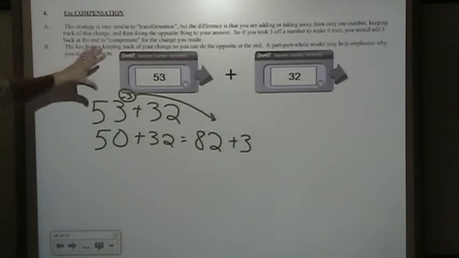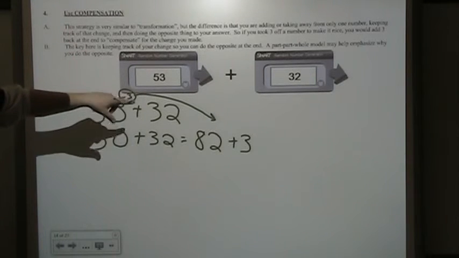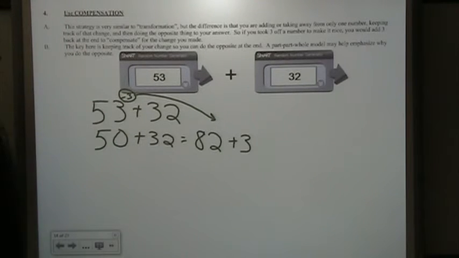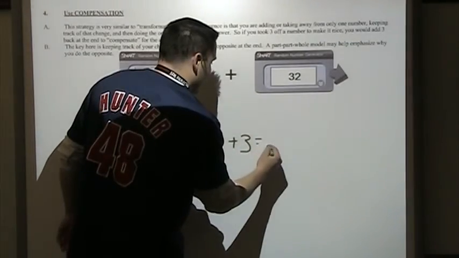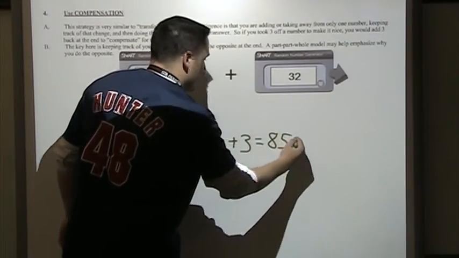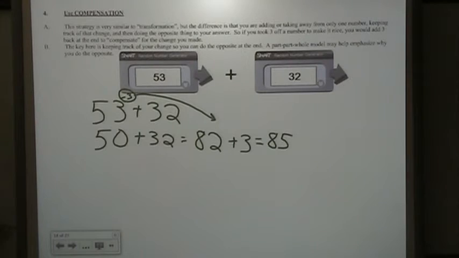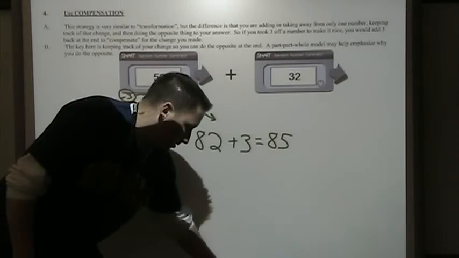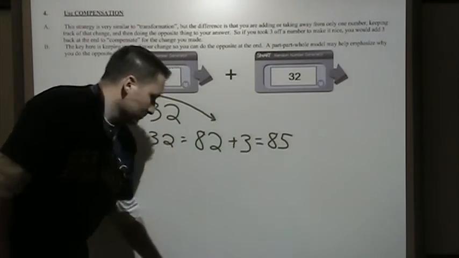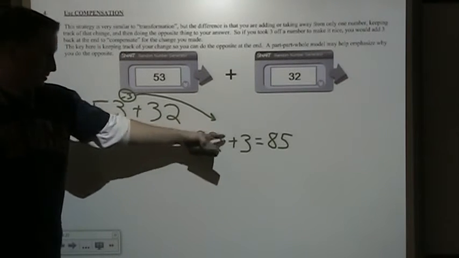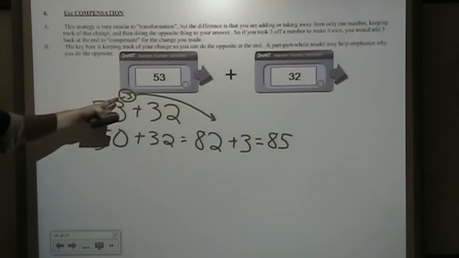Sometimes on compensation they will forget to do this at the end and they'll get the wrong answer by that many. So my answer ends up being 85. And so the biggest thing is for them to remember to do that step of adding the 3 back because you took it away.